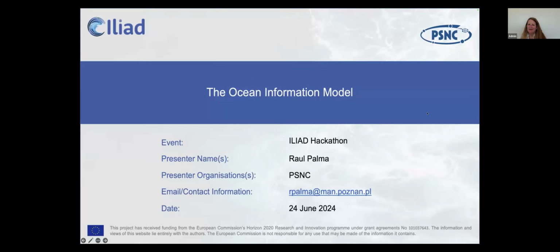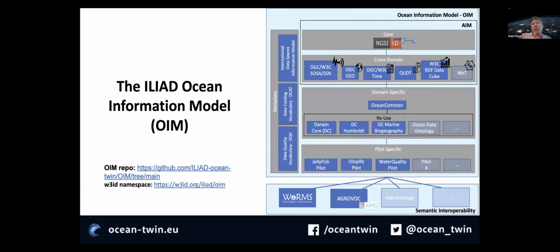Yes. Okay. Great. So I will go just to the practical usage of the ocean information model. I will not go into details of the model because we have already provided this information in the past. I'm just putting this as a reminder, a high-level view of the model itself, which is basically designed and architected in a layered way with different modules at different modular levels.